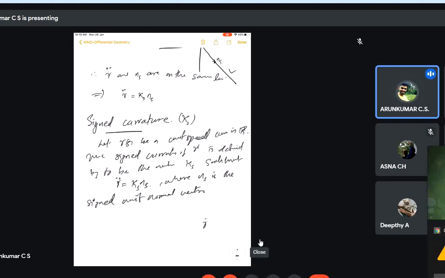We know gamma dot is, that is our notation, the tangent vector. So gamma double dot will be T dot, and ks is a number, so T dot is equal to ks Ns. Fine. We will call this the signed curvature. Later we will see how this curvature is used to determine plane curves.